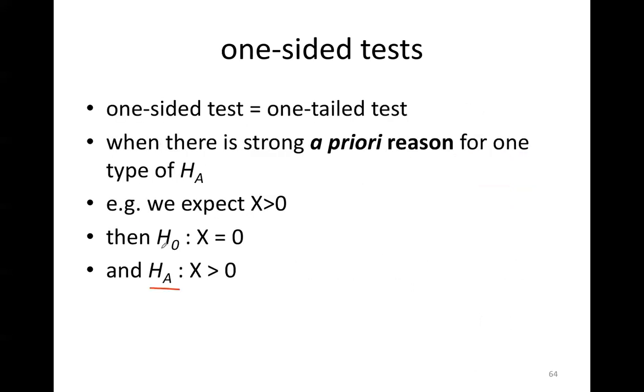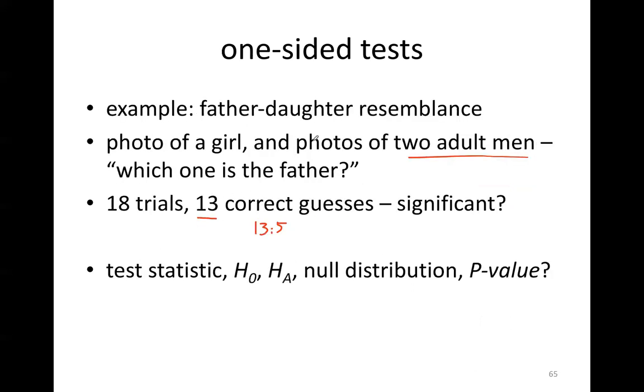In this case, it probably did make sense because if there's resemblance, if there's genetic relationship, that should come with higher similarity than expected, right? I mean, that would make sense as much as we know genetics.